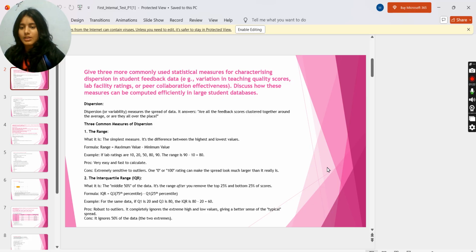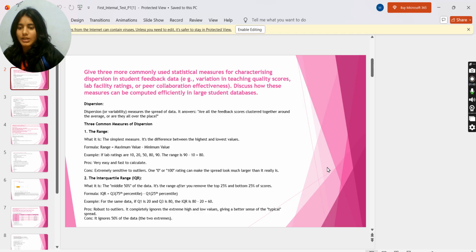The interquartile range, IQR. What is it? The middle 50% of the data. It's the range after you remove the top 25% and bottom 25% of scores. Formula: IQR is equal to Q3, the 75th percentile, minus Q1, the 25th percentile.